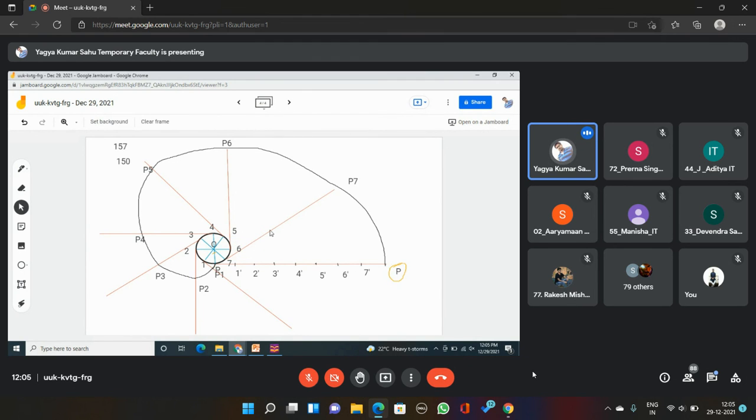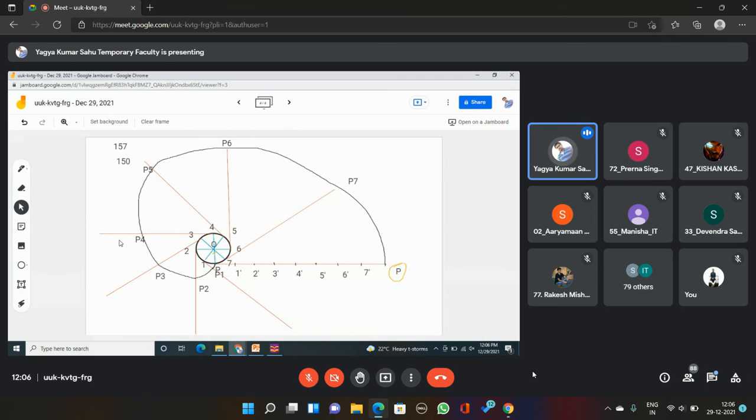What is the value of that angle? 360 divided by 8. 45. So the angle subtended by the 19 mm arc is 45.